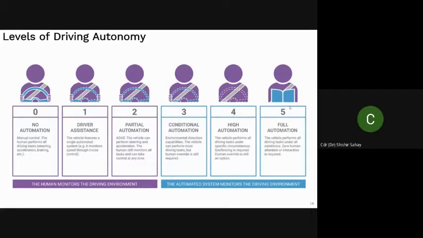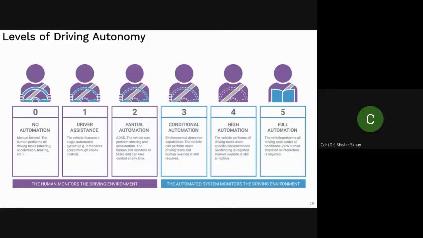Just follow my audio. So this is no automation. Everything is manual, right? And typically, what are the main tasks, ladies and gentlemen, which we perform? We perform steering, that is going left and right. We perform acceleration, going ahead or braking or going behind in the reverse direction, right? These are the main tasks. Now, what is level 1?